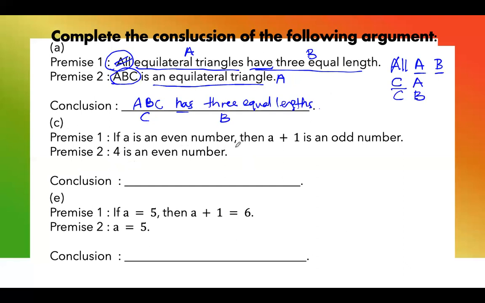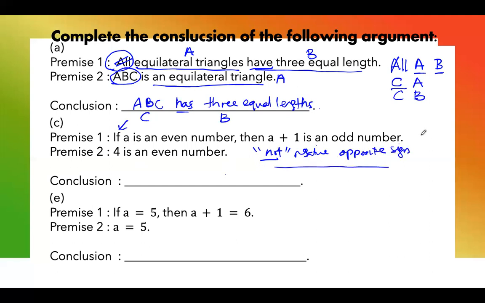If A is an even number, then A plus 1 is an odd number. So when you see if, then it is either type 2 or type 3. So we look at the second one. Is there any not word there? Negation, negative word there, or do you see the opposite sign or not? So you can see here, no, not at all.